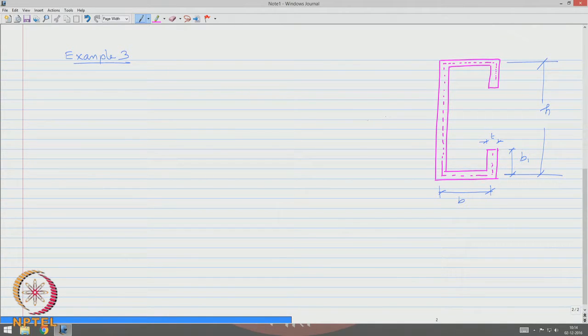We agree that this section has one axis of symmetry and the shear center needs to lie on this axis. Let us say this is the plane of application of V and this becomes my shear center C. Let us say that this is placed at a distance E from here and the shear flow will be like this way.